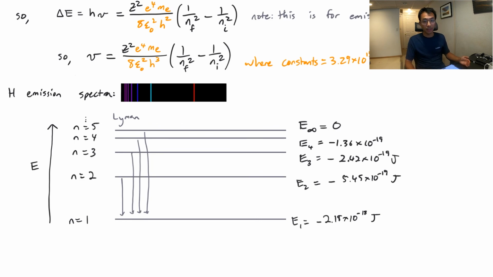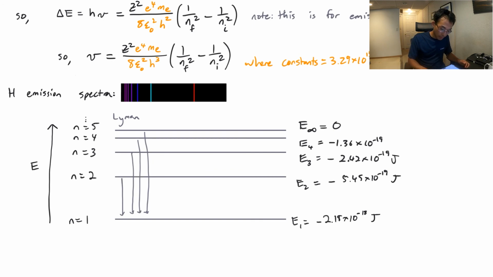And the series are categorized by the endpoint, so the final energy level that you're at. So the Lyman series is always looking at the transition that ends at energy level n equals 1. Turns out that those are too high of an energy for us to see. That means they're at too short of a wavelength for our eyes to see. So they're all in the ultraviolet or higher energy regimes.